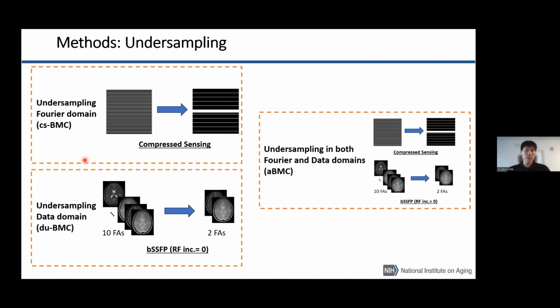Next, we retrospectively undersampled the data space in one of the bSSFP images with RF increment of 0 by only selecting 2 flip angles out of 10 that were originally required. And we denoted this as DU-BMC. Finally, combining these two undersampling patterns, we aim to impose more acceleration in the acquisition. We denote this as aBMC.